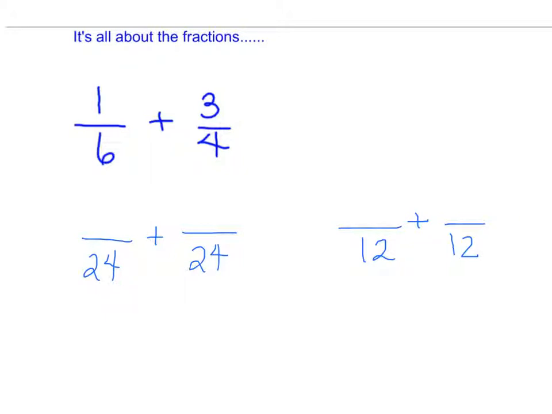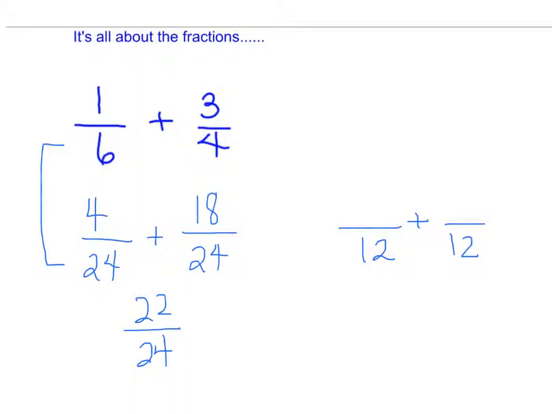So one simple way is to say that 6 times what is 24, that's 4. 4 times 1 is 4. And once again, that's a self-checking thing because you could just divide 24 by 4 and get 6, so you end up with 1/6. 4 times 6 is 24, 6 times 3 is 18. So we end up with 22 over 24.